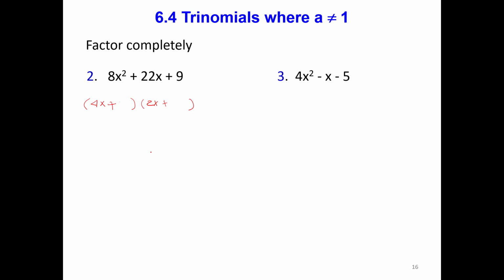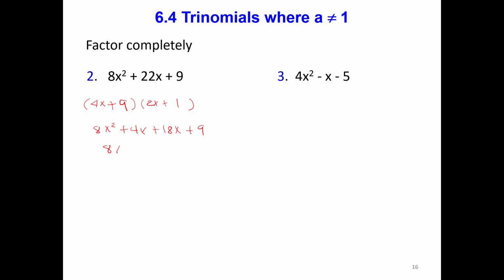Then the other way we can get 9 is 9 and 1. Yes, multiply 9 and 1, because 9 times 1 is 9. And let's see if that combination works. 4 times 2 is 4x times 2x is 8x squared. 4x times 1 is 4x. 9 times 2x is 18x. 9 times 1 is 9.